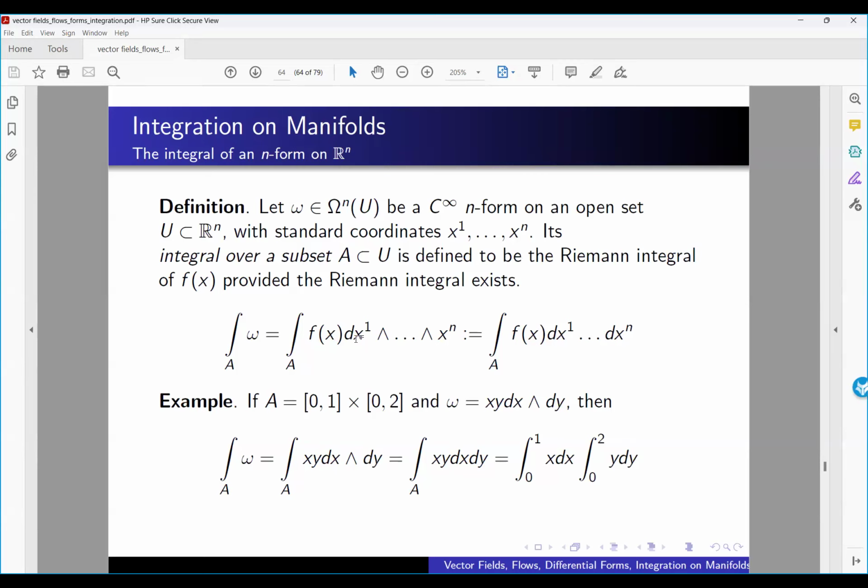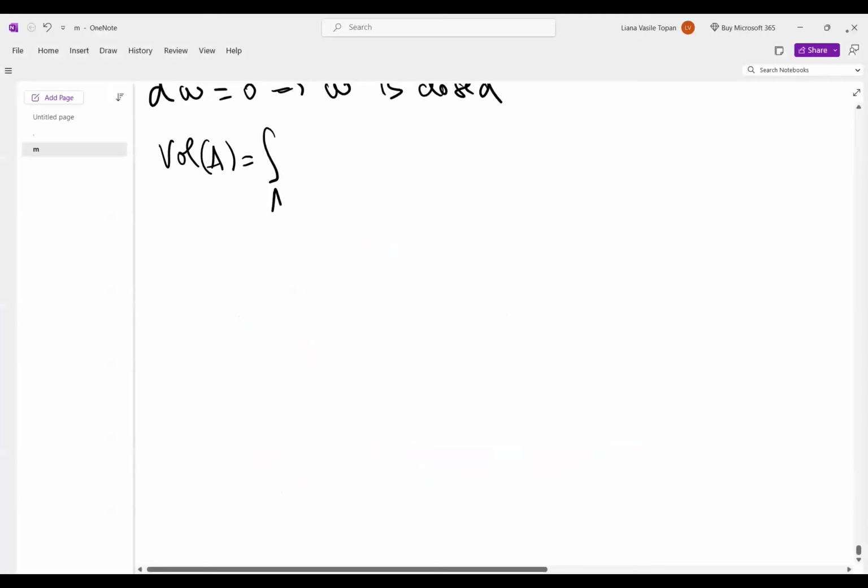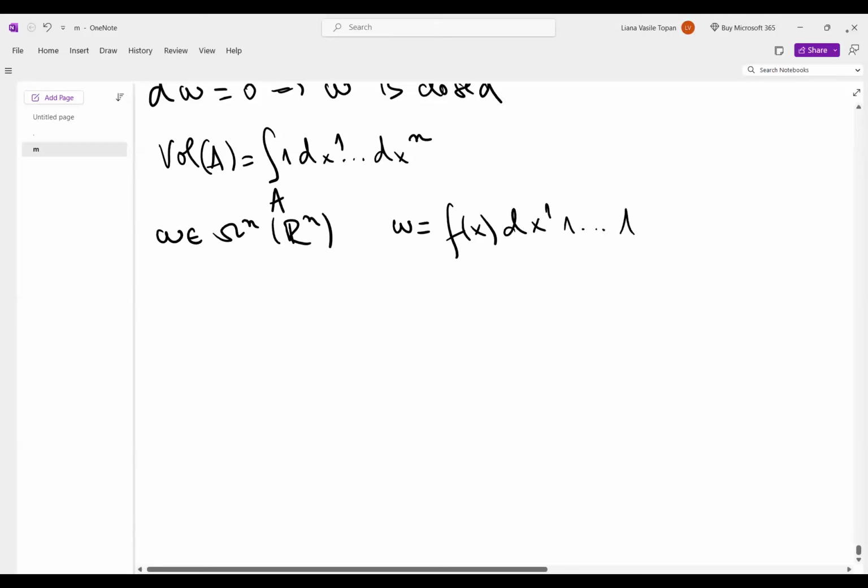Again, we said that the volume of a set is simply the integral over the set of dx1 ... dxn. And every n-form on Rn can be written as f(x) dx1 wedge dxn.